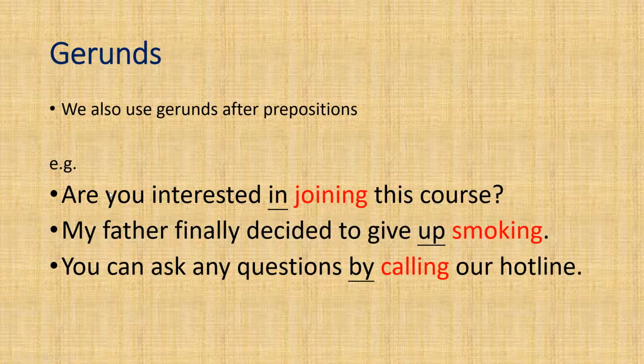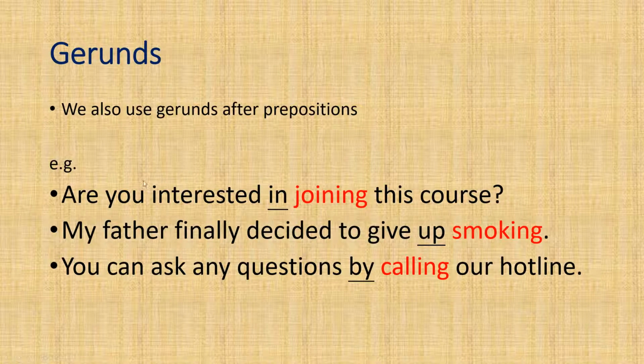Now, the second one. When should we use gerund? After prepositions. I think most of you will know the meaning of preposition. For example, in, on, at, up, by, under, and so on. Take a look at these examples.